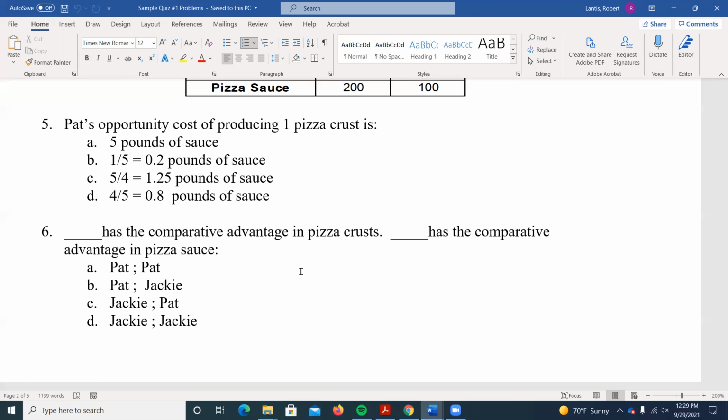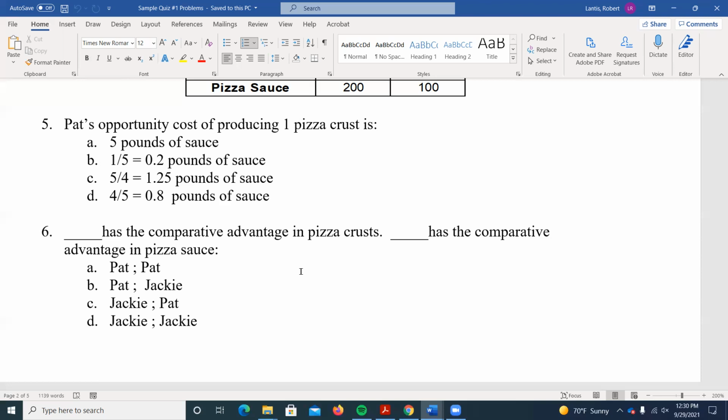What would the cost of sauce be for both these individuals? We said if we want the cost of the y-axis good, we simply do 1 over the cost of the x-axis good. So when I do this inverse, 1 over 1/8 makes that 8, and 1 over 1/5 makes this 5. It's just a byproduct of the laws of mathematics.